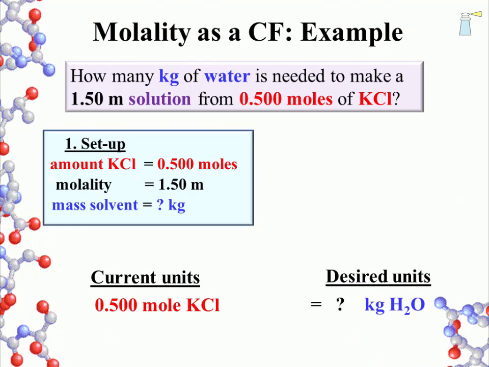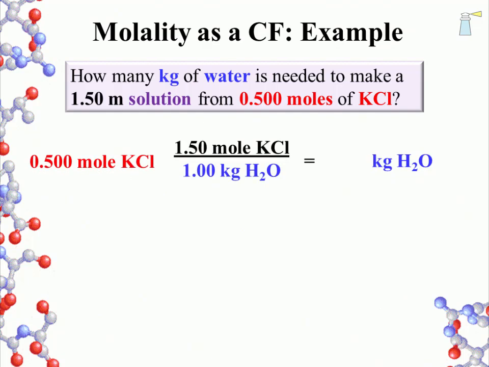Clearly a conversion problem. The other known quantity from the setup is the molal, and it will serve as the conversion factor. However, the orientation as written, 1.50 moles of potassium chloride over 1 kilogram of water, is not correct. The current unit of moles does not cancel out. That is an easy fix though.